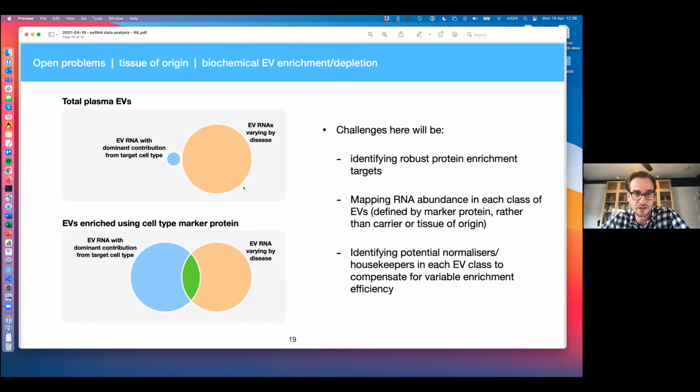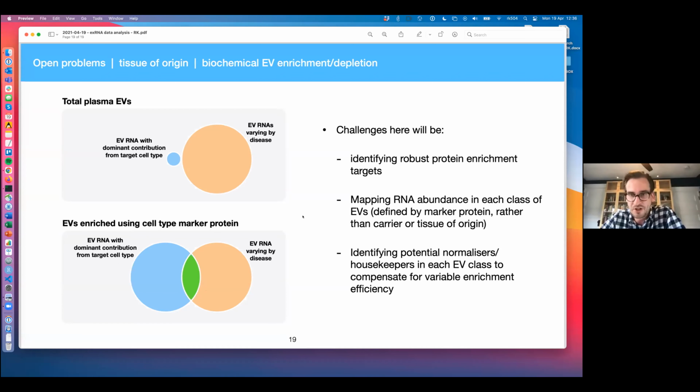And so the hope, I think, is that using an enrichment, you don't do anything to this side of the Venn diagram, obviously, because the RNAs that are varying by disease don't change, but that the RNAs that you can find in your biofluid that can be reliably thought of as being derived from your tissue of interest or your cell type of interest gets higher because you've removed some of the non-specific background.